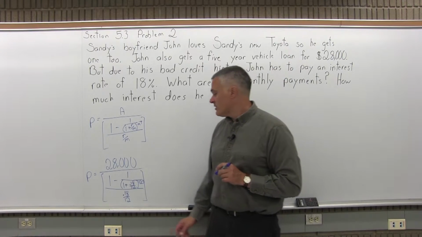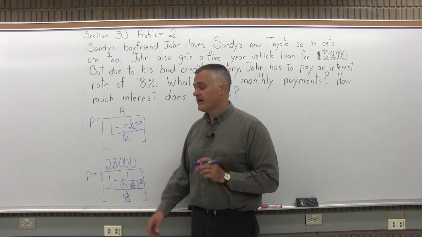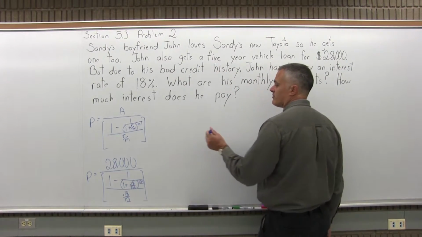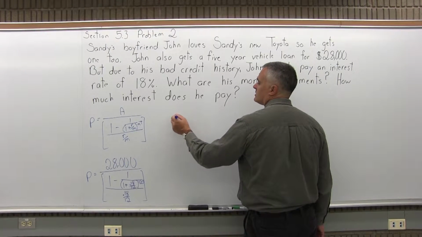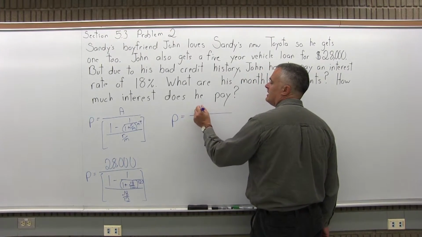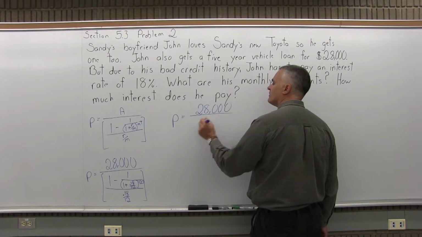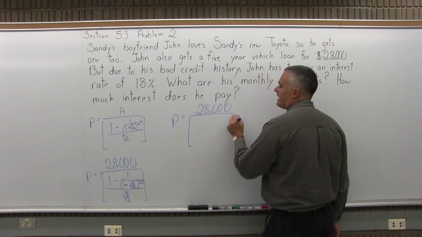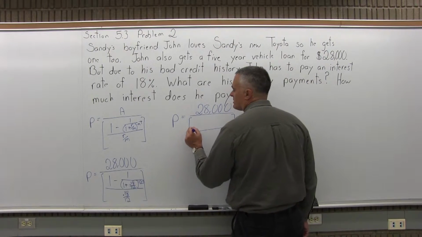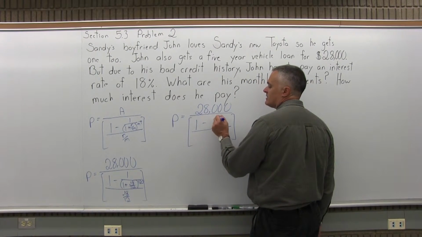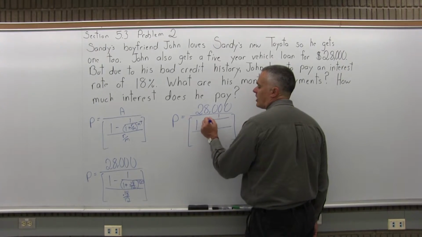As always, we're going to start our work in the parentheses. You have to do work in the parentheses first when you have parentheses in your problem. So what's going to happen, we'll have P equals 28,000 over some brackets. And in the numerator of the brackets, we'll have 1 minus some fraction. The fraction will have a 1 in the top.